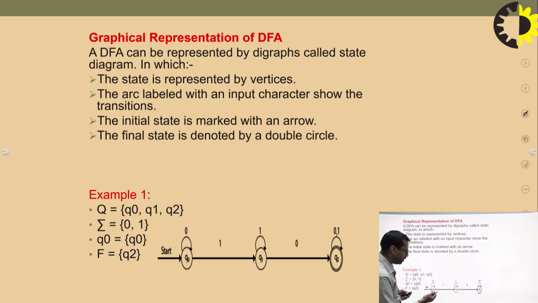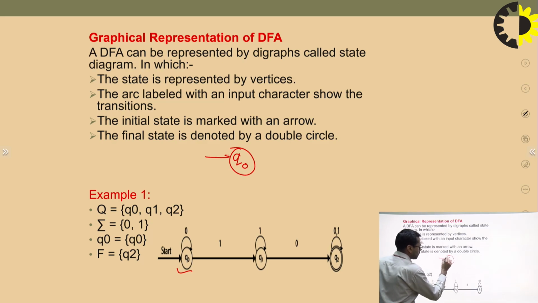So here is the graphical representation of how we represent the DFA in graphical form. Here it is a very basic DFA model. Here Q naught is the initial state, Q1 and Q2 are the other states. When we represent the initial state, it is represented as Q naught, a circle with a directed arrow pointing to it.